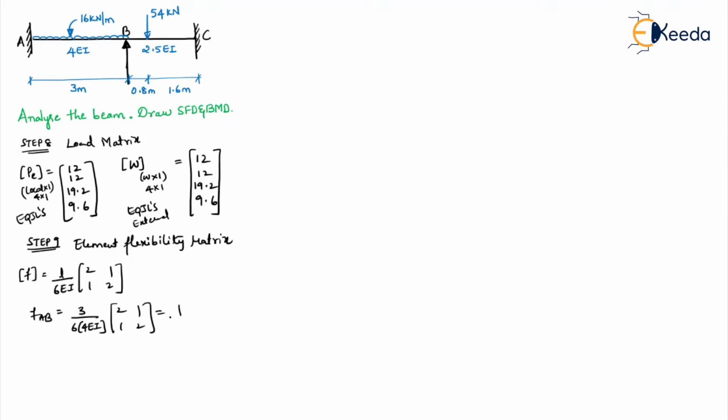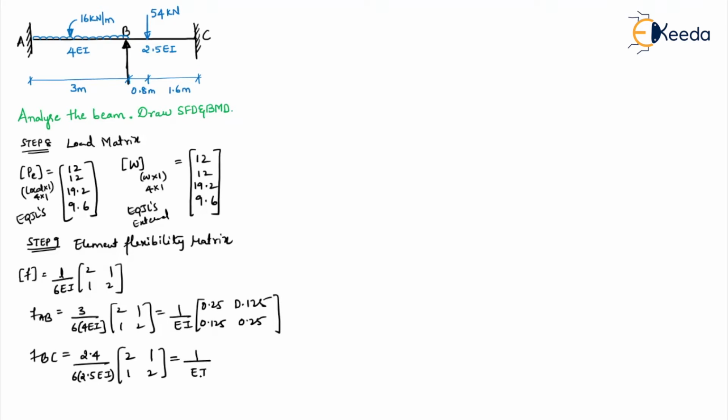So what will you get? 1 by EI into 0.25, 0.125, 0.125 and 0.25. Coming to your MBC, L is how much? 2.4 by 6 into 2.5 EI into [2 1; 1 2]. So this will give us the values equal to 0.32, 0.16, 0.16 and 0.32.